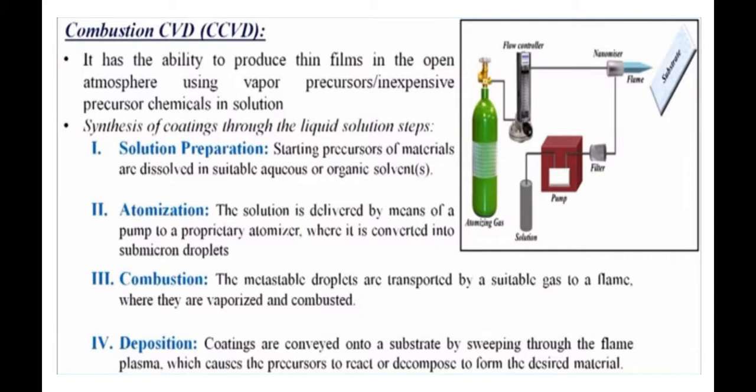Starting precursors of materials are dissolved in a suitable aqueous or organic solvent. Here we put the solutions in, and they are pumped to a nebulizer, which is like a gun that sprays the material onto the surface itself.